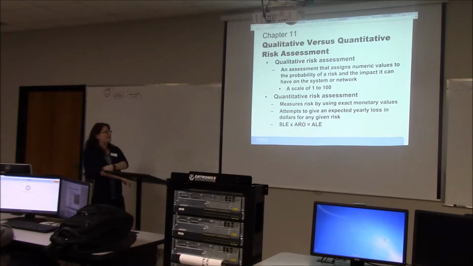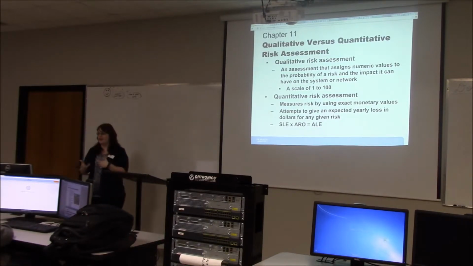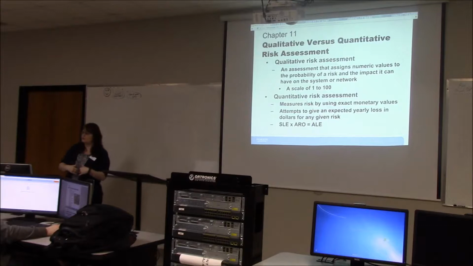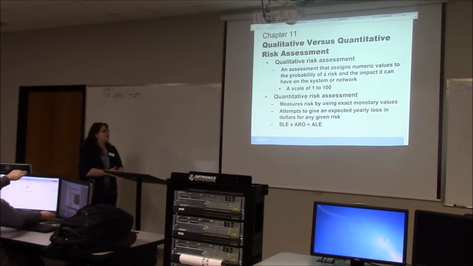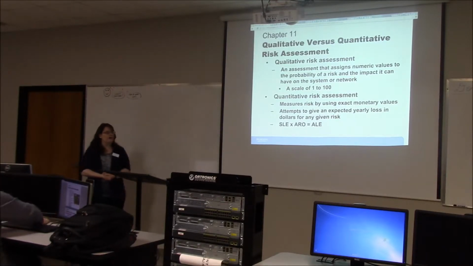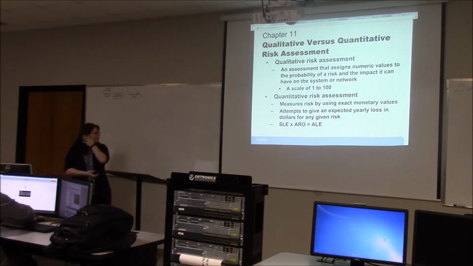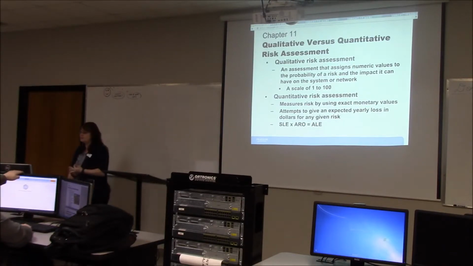Whereas a quantitative assessment is the quantity of dollars. So what is the monetary value that we would lose, and then how can we go about not losing money, right? We're trying to get some kind of expected yearly loss in dollars for a risk. So you see some acronyms here. SLE is single loss expectancy.